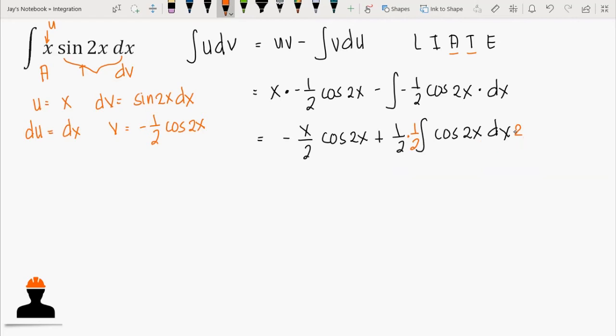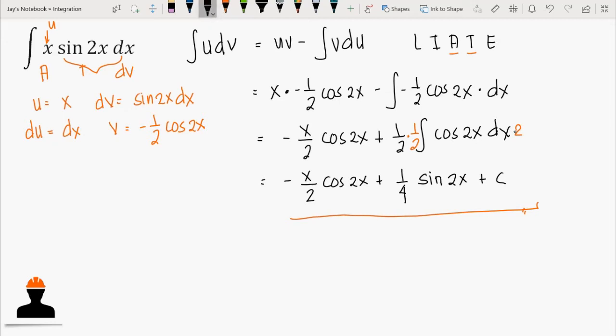So we just copy the first term, plus 1/2 times 1/2, that gives us 1/4 sine of 2x plus c. Therefore, this is the integration of x sine 2x dx using by parts.